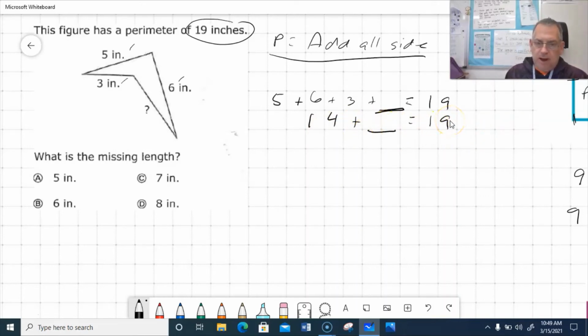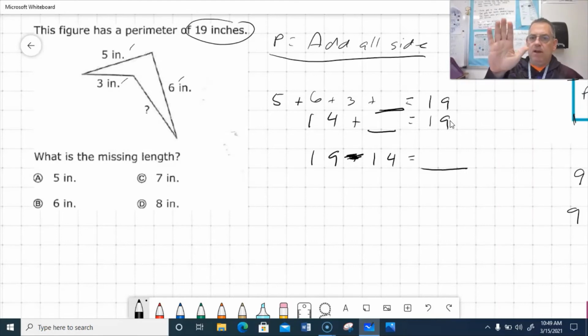So we can say that 19 minus 14 is going to equal something, because that's in the same fact family. That's pretty easy. We can just count up from 14 to 19 to figure out what it is. So we have 14, 15, 16, 17, 18, 19.